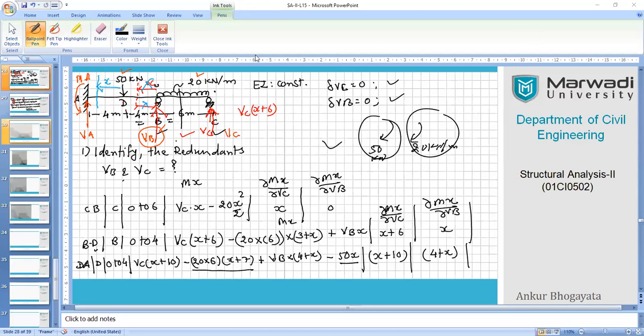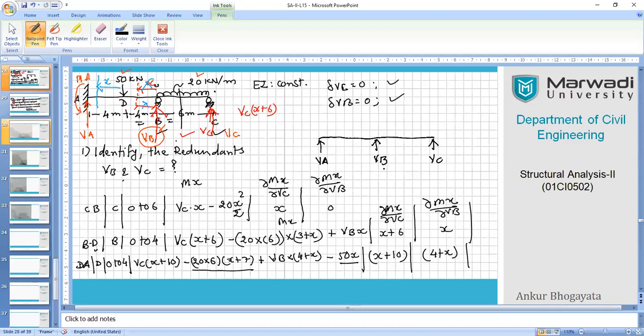Let me minimize this and erase and create some space for further discussion. It is an interesting point which I would like to discuss with all of you. See here, if you minutely observe what our structure looks like, let us say this is our beam, this is your VB, this is your VC, and here you have VA. Now, understand.